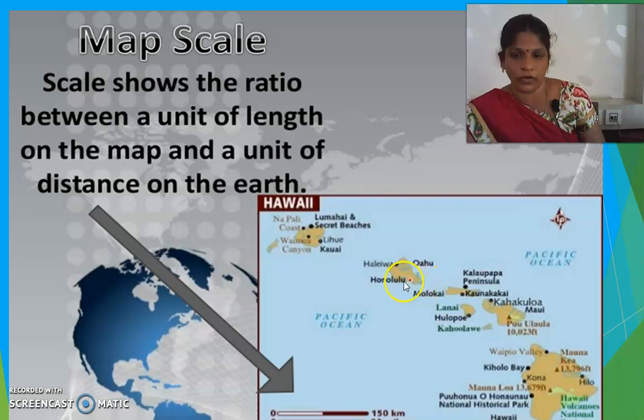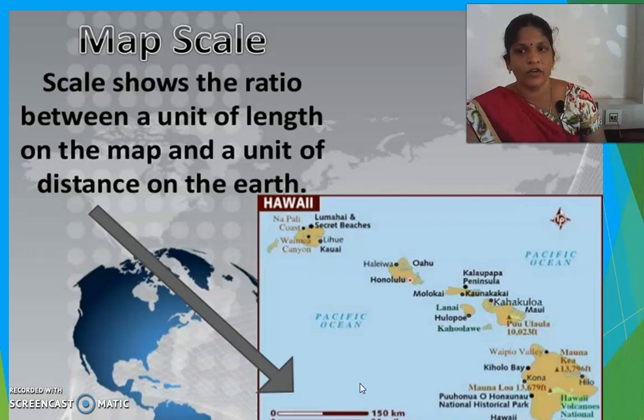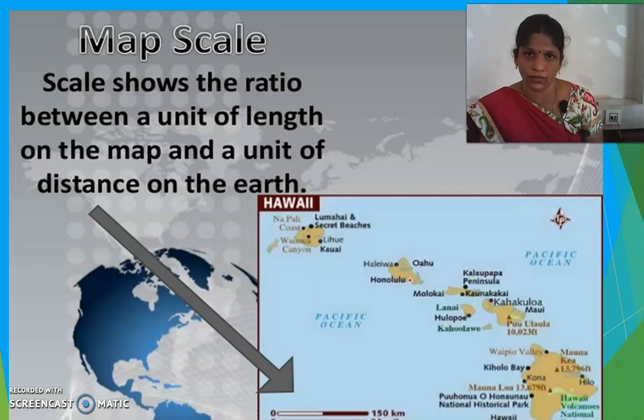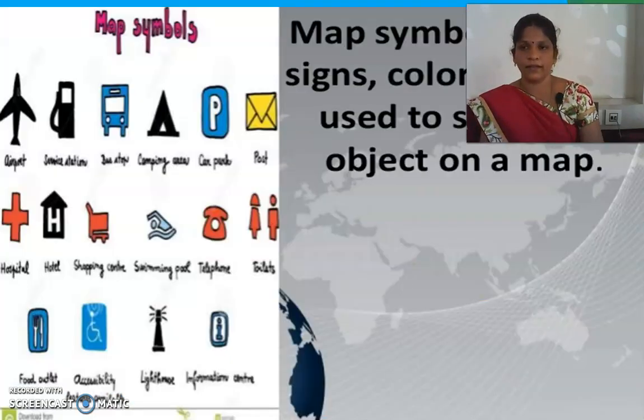Can we see the 500 kilometers on the map? No, only with the help of the scale. Children, do you understand how the map scale helps us? It shows the actual distance on the earth. It is very useful when we are traveling. We can know how many kilometers we have to travel and reach that place. Okay children? Yes, the next.